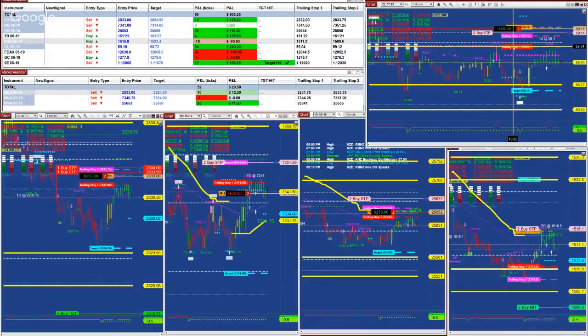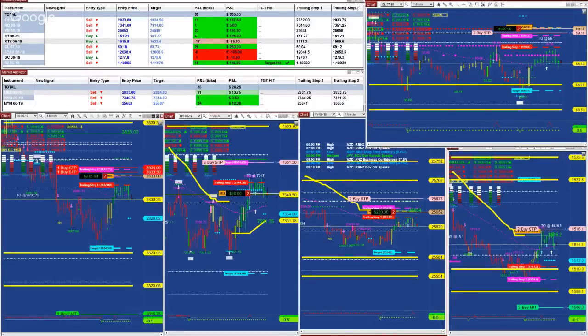So the whole thing is to combine the high time frame in the 1 minute and put them together in a jar and then make a signal out of it.